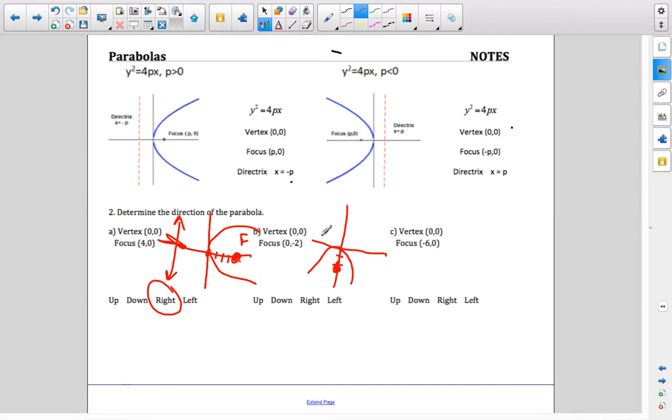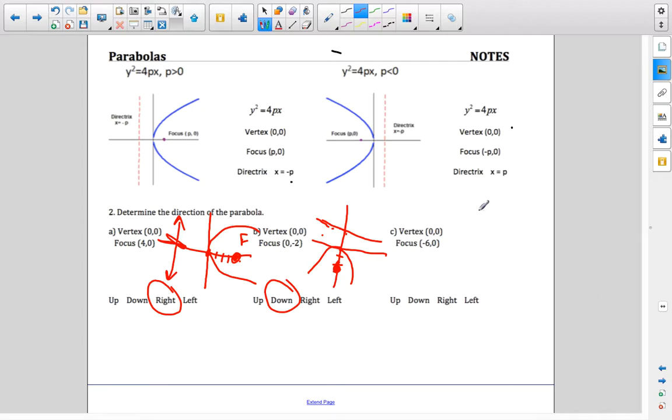The directrix will be just as far from the vertex as the focus is, same distance, only it's going to be out this way, drawing a straight line. So this one is down. I'm thinking this one's x squared equals something negative. This one is y squared equals something positive.